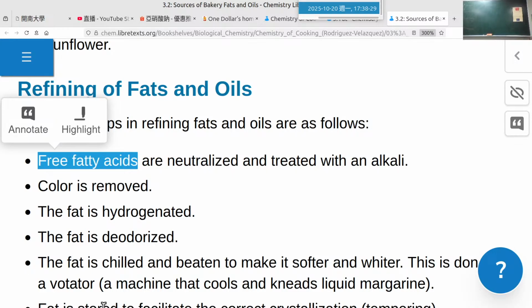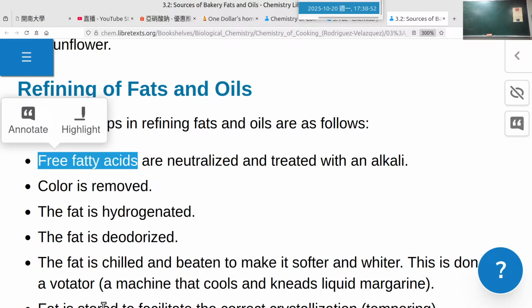But sometimes it's not stable. For example, after exposure to sunlight or high temperature, or impurities like heavy metal ions or some water in the oil, the bonds over there can be broken.